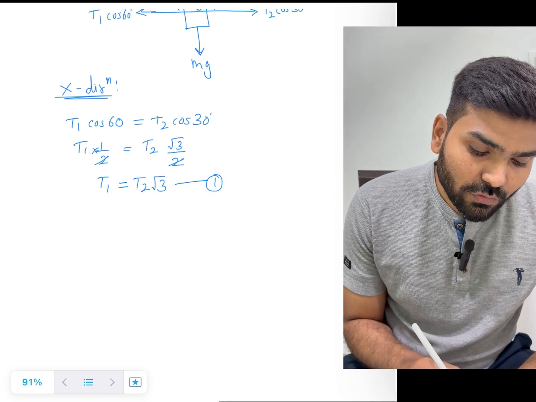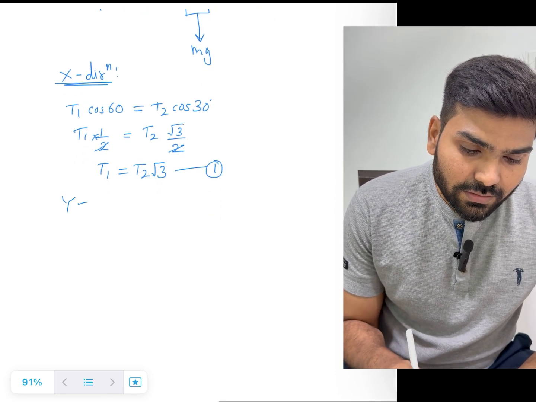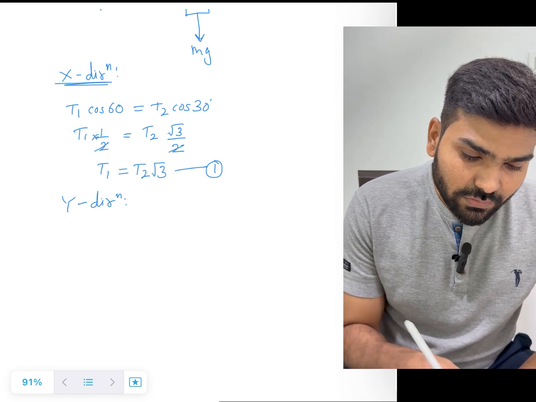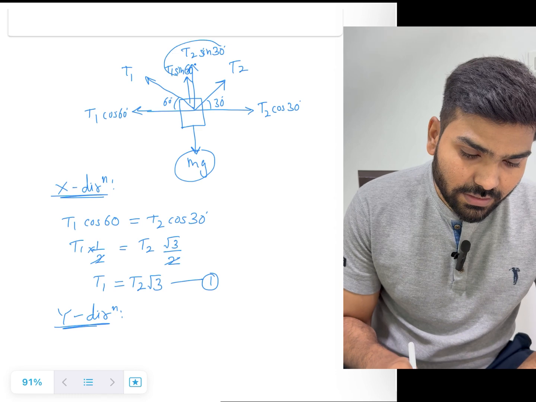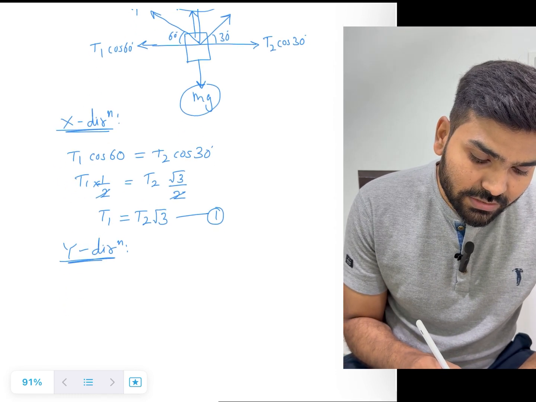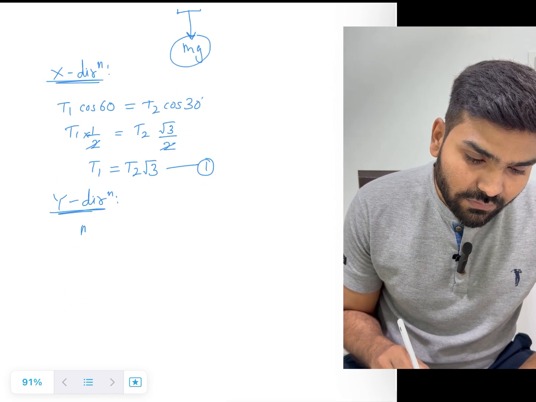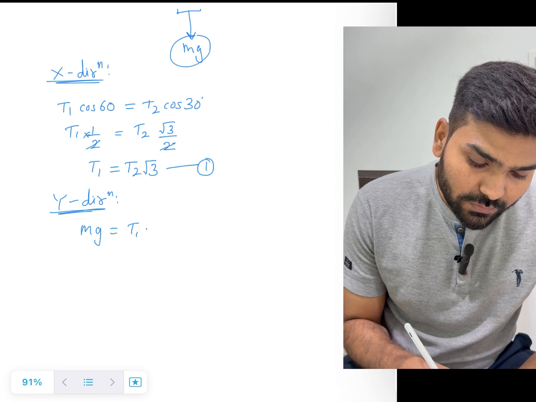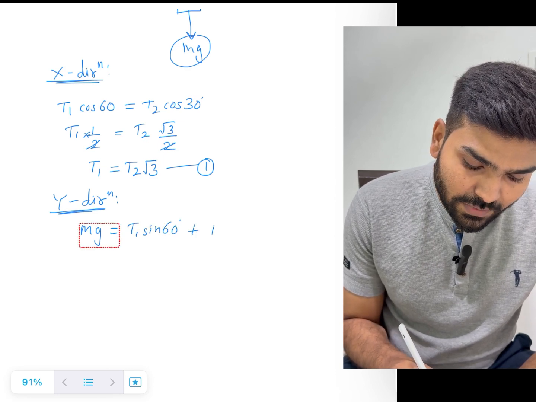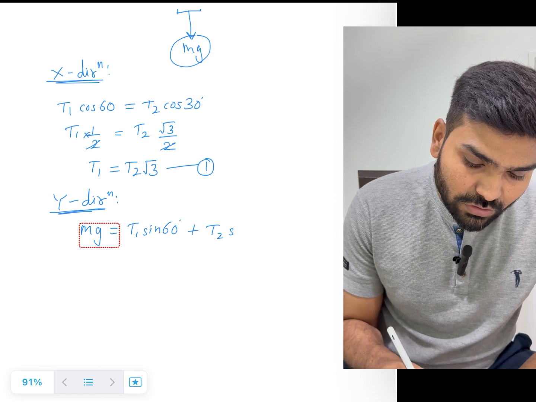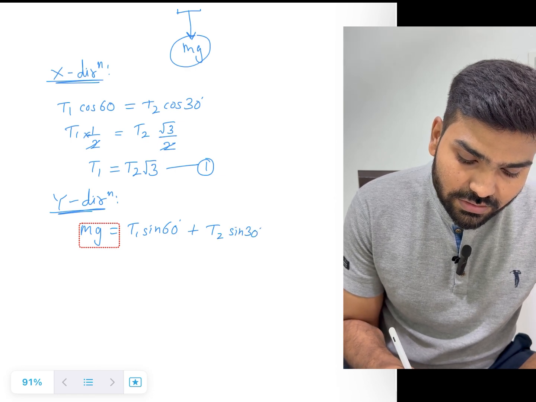If we consider the forces in the y direction, then we have downward force mg and upward forces are these two forces. So mg in the downward direction equals T1 sine 60 plus T2 sine 30 degrees.